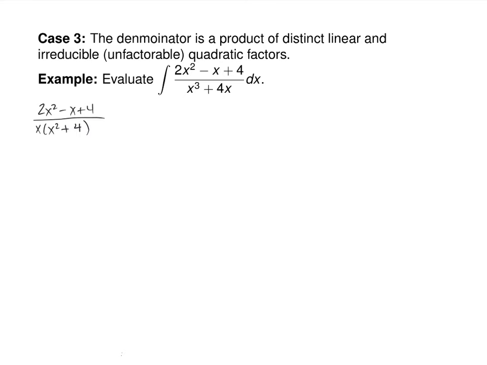So when you have a quadratic factor, the numerator, when you break it down into a partial fraction, has to be a linear thing. Kind of like 1 degree less would be a linear thing. So you have an a over x for the x factor. The linear thing above x squared plus 4 is bx plus c. It's not just x, a linear thing could have been x plus a number.